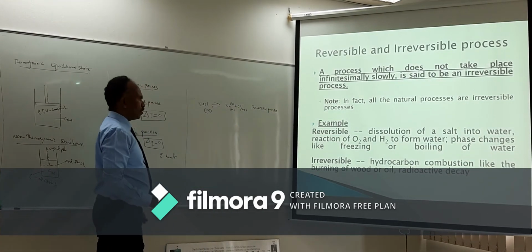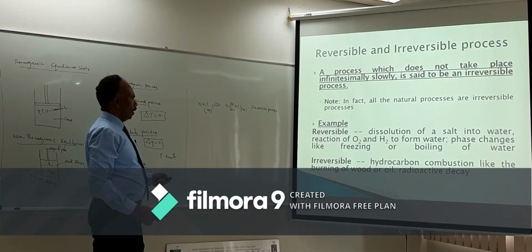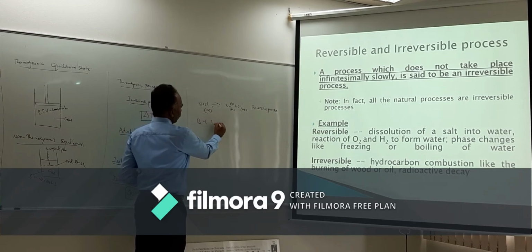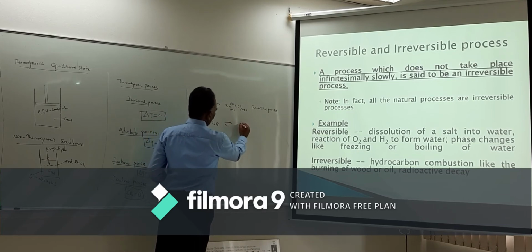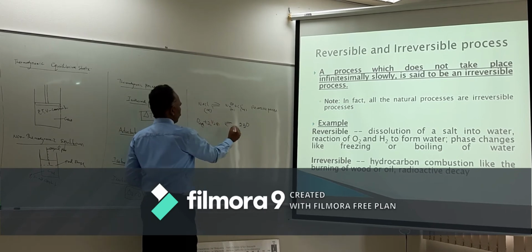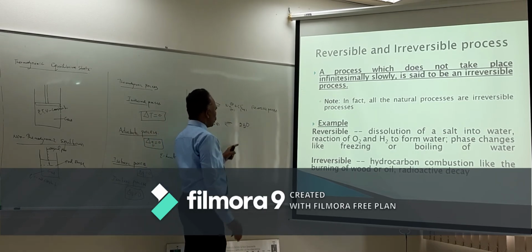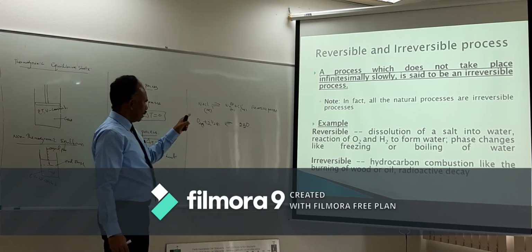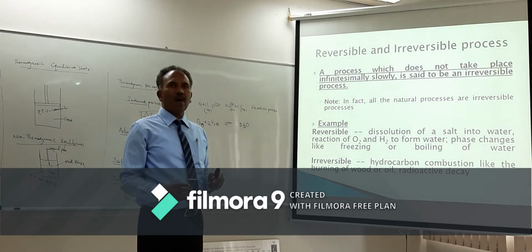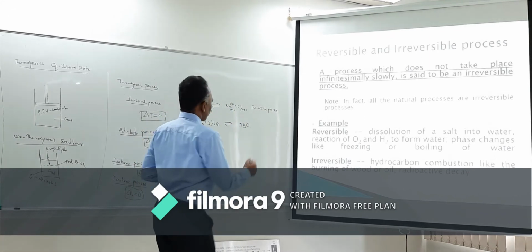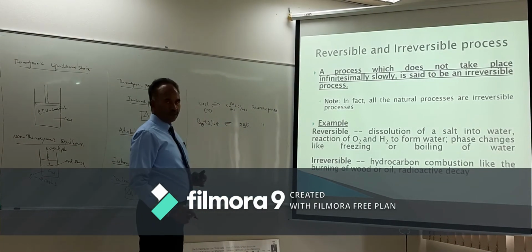Even when you take oxygen and hydrogen gas to form water, the water can be dissociated again, giving back oxygen and hydrogen. When water undergoes the process called electrolysis, we can bring back oxygen and hydrogen. So this process is also reversible.